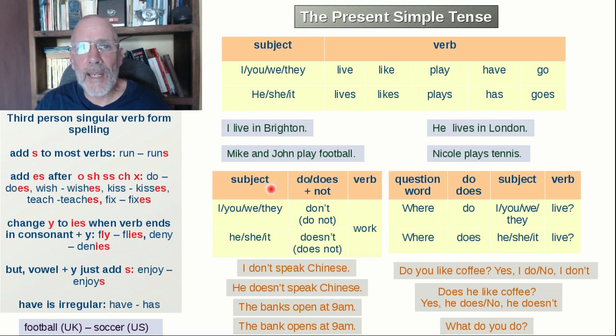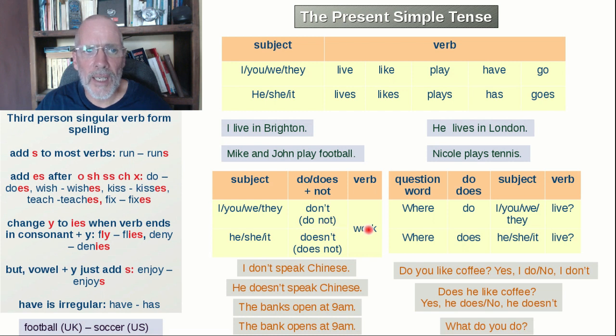To form the negative of the present simple, we need to use first of all the subject, and we need to follow that with the auxiliary verb do if the subject is an I, a you, a we, or a they, or the auxiliary verb does if the subject is third person singular, he, she, or it, and we need to follow that auxiliary verb with not.